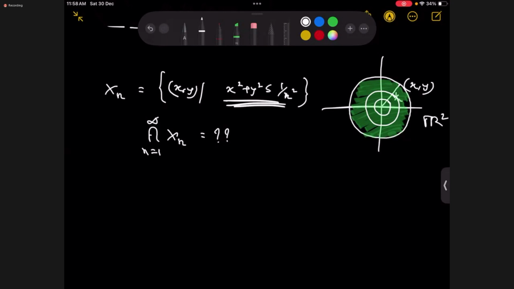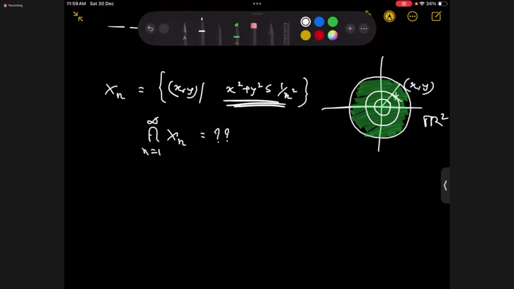So clearly, if you see this example geometrically, if I take the intersection, we will be left with very few points. The intersection is the smallest disk, and we will be left with only that set.